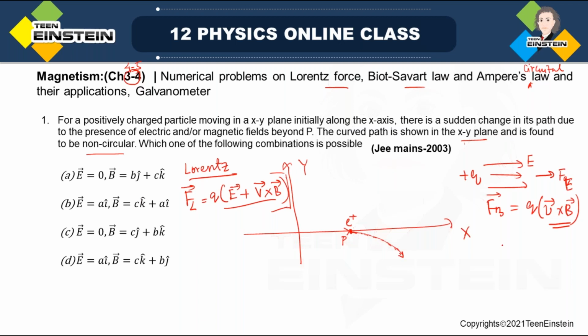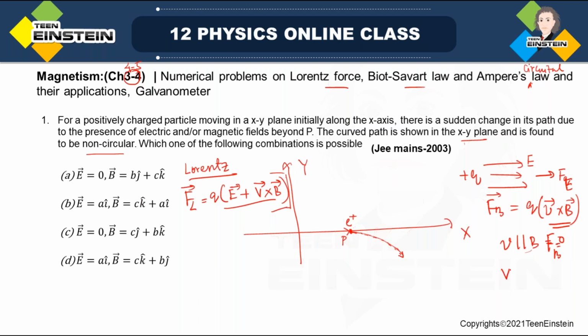Now look, if the angle between the magnetic field and the velocity vector is 0 or 180 degrees, that is, they are parallel or anti-parallel, then the magnitude of the force will be 0.